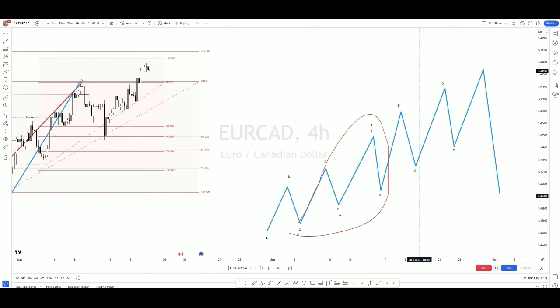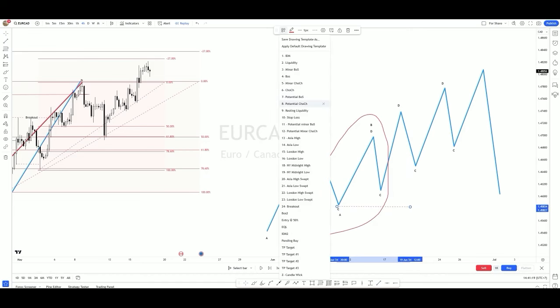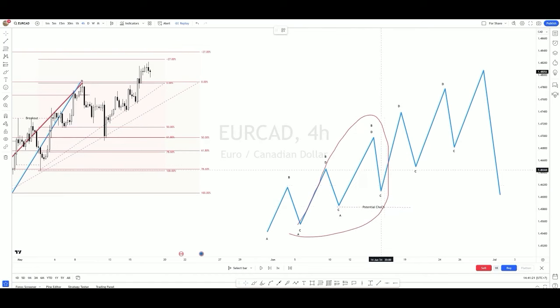I myself use it and I find it good because I have already marked the most important part of this pattern, which is to get your first A, B, C, D. All the pullbacks after, you never know, it could be 1, 2, 3, 4 pullbacks, 5 pullbacks, as long as it's respecting the levels of the market and does not break here, which means I will not have a change of character, because here was a potential change of character, right? And then the market keeps pushing up.